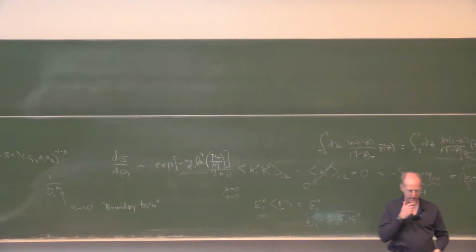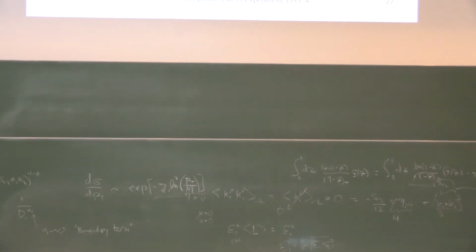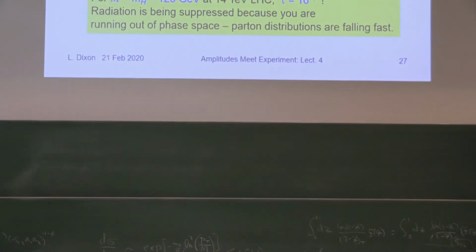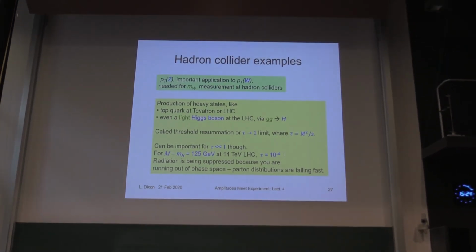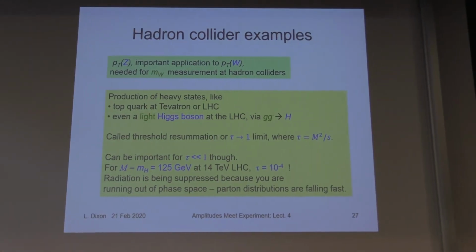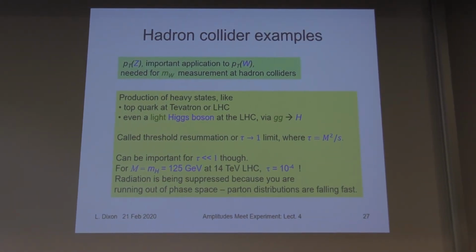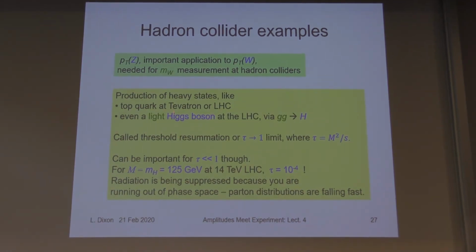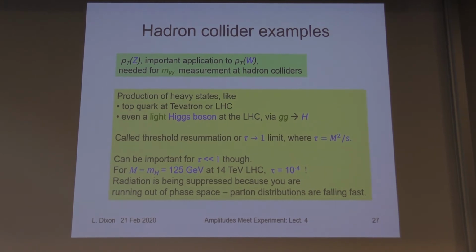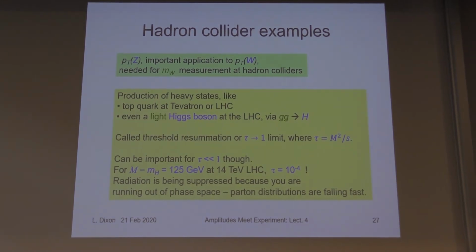And this has been a big challenge to resum these logarithms to high accuracy. And people are, in the resummation, you talk about subleading logarithms, or LL, instead of LO for fixed order. And people can resum about the third subleading logarithms in this process. And actually, the effects are much more pronounced. So there's also a color factor in here.